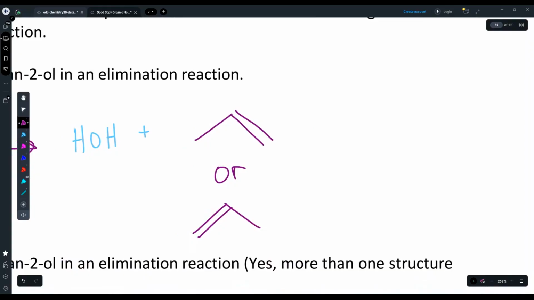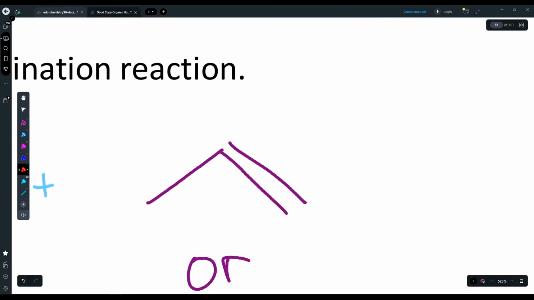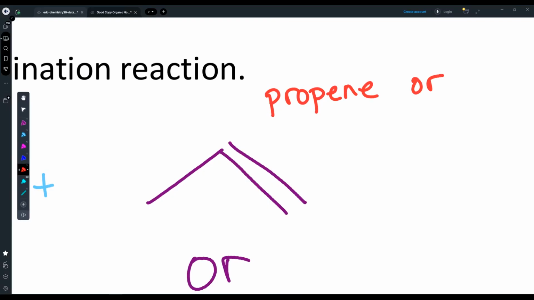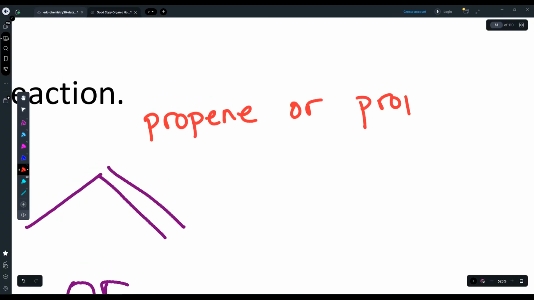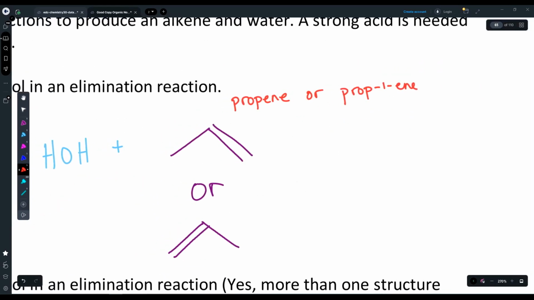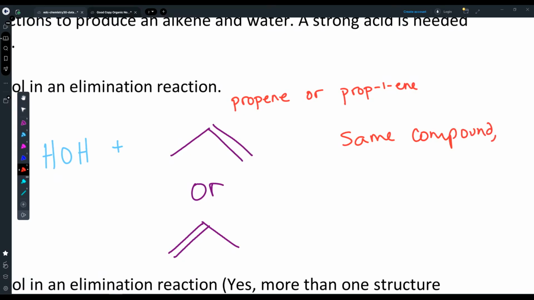However, one thing you need to know is that both of these are the same compound. You could call them propene or prop-1-ene. So same compound, and you don't need to draw both, just one.